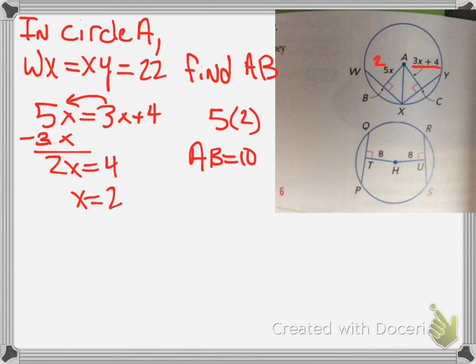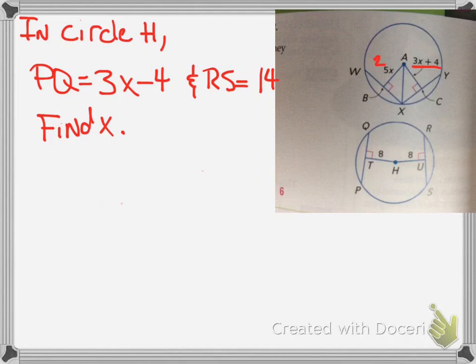Now, let's try the other one. Notice in this one, we're going to say in circle H, this bottom one right here, PQ is equal to 3x minus 4 and RS equals 14. Find x. Now, because these are an equal distance from the center, that is telling me based on that theorem that the chords have to be congruent.